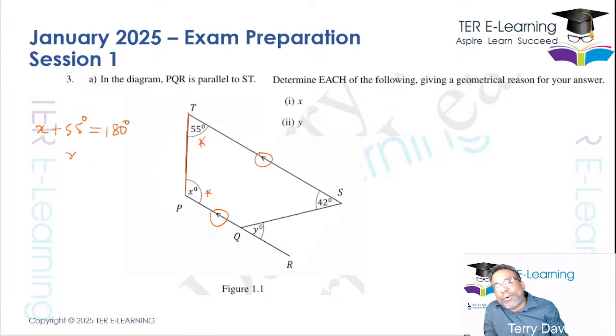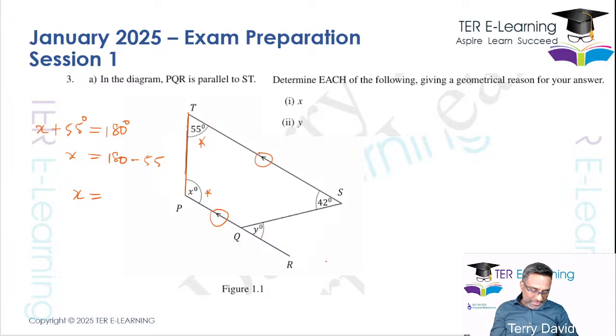So therefore x has to be equal to 180 minus 55, and that's going to give me 125.